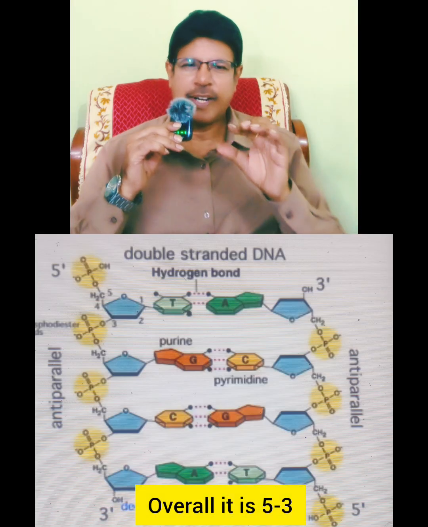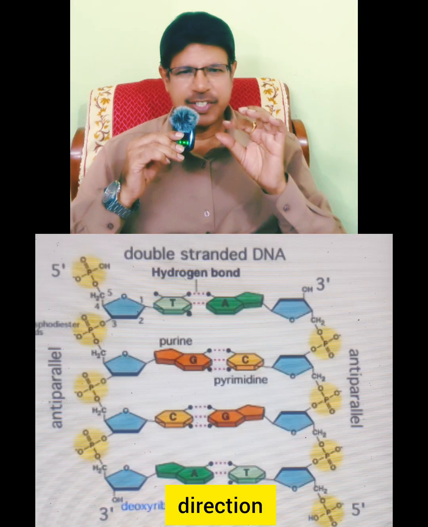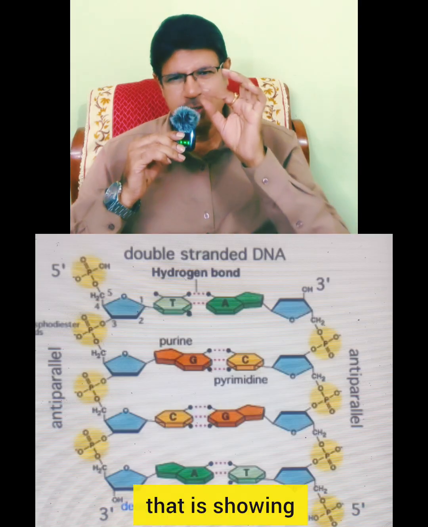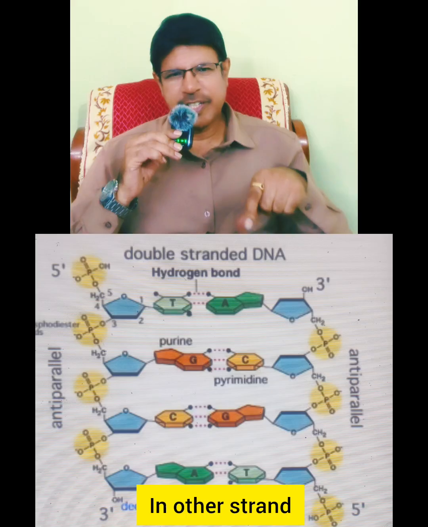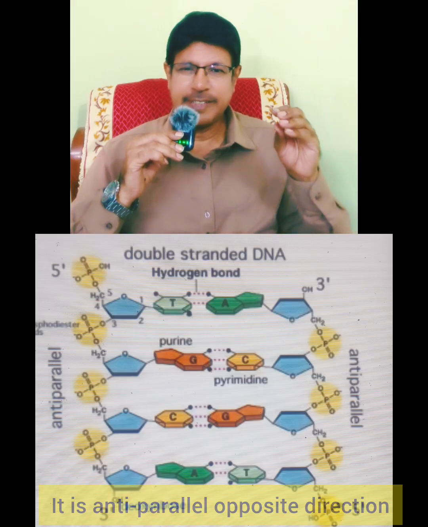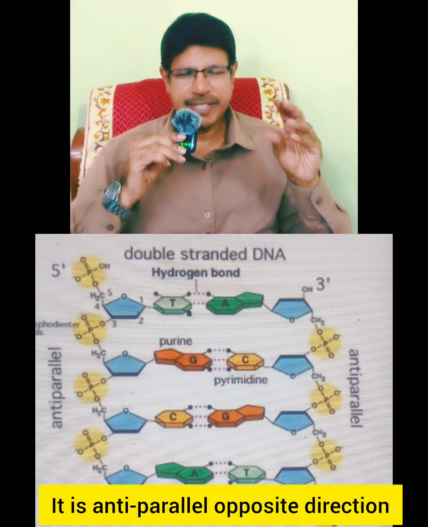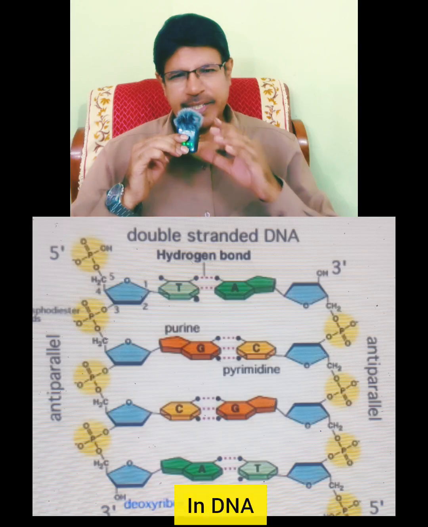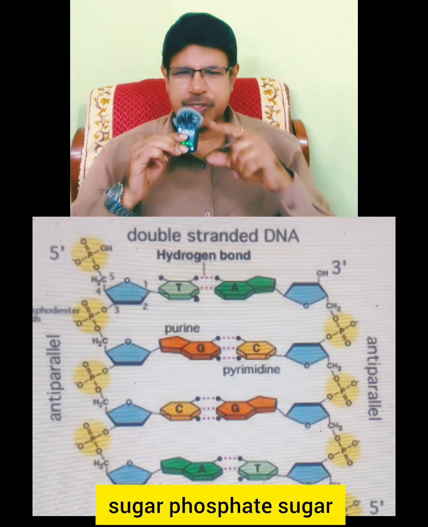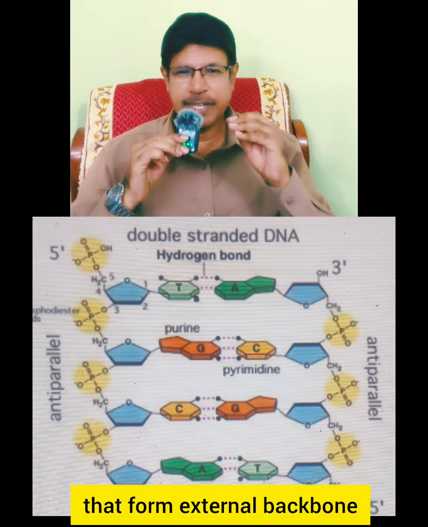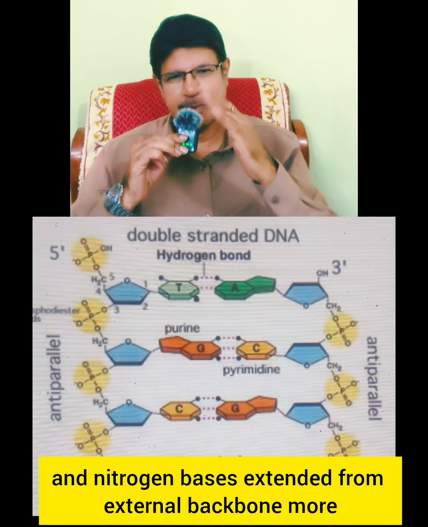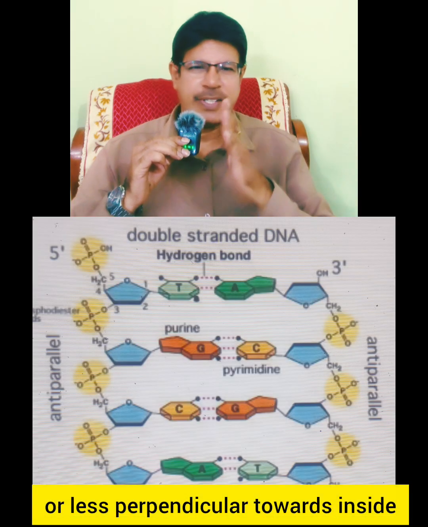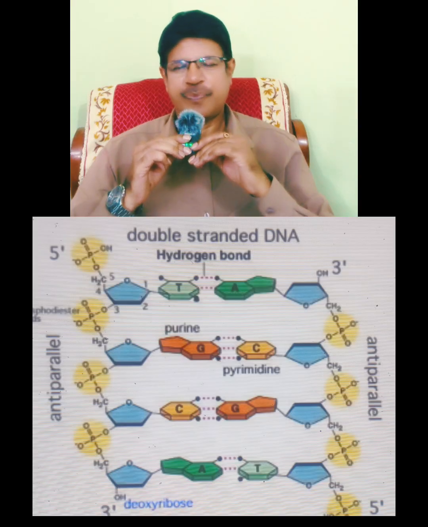Overall it is in the 5-3 direction, which shows polarity. Next. In the other strand, if it is 5-3, then it is 3-5, it is anti-parallel, in the opposite direction. In DNA, sugar-phosphate-sugar forms the external backbone and the nitrogen bases extend from the external backbone more or less perpendicular towards the inside. Next.